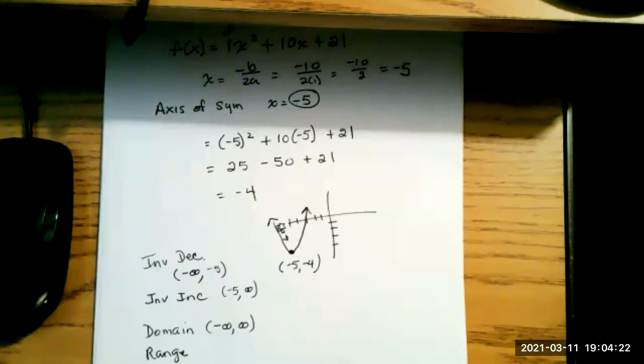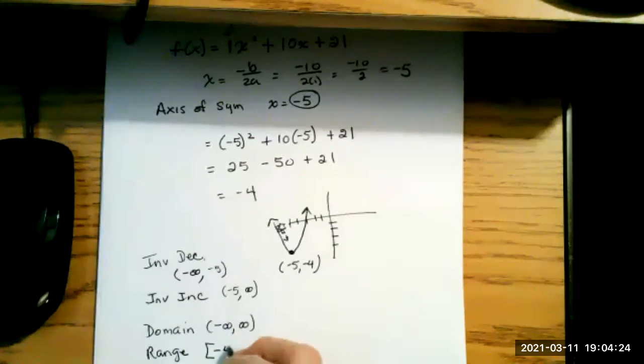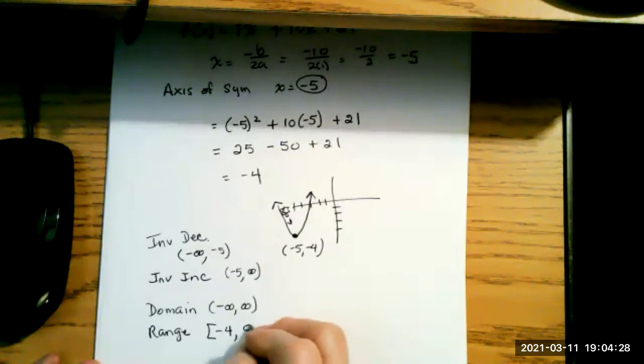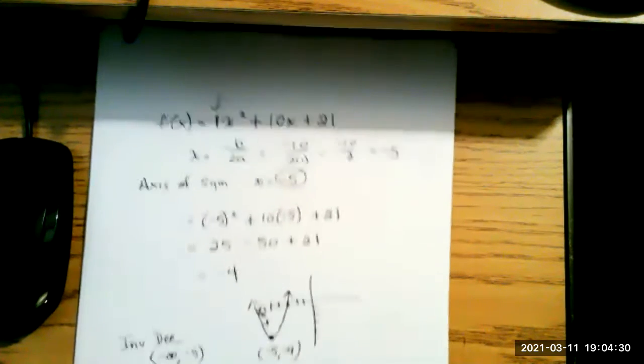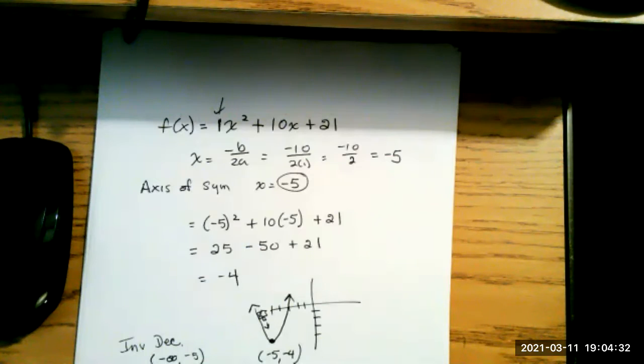Negative 4. That's right. Negative 4 to what? Positive infinity. All right. Make sure you're putting that bracket on when you're doing that. I missed a couple of questions because of that. It won't count.